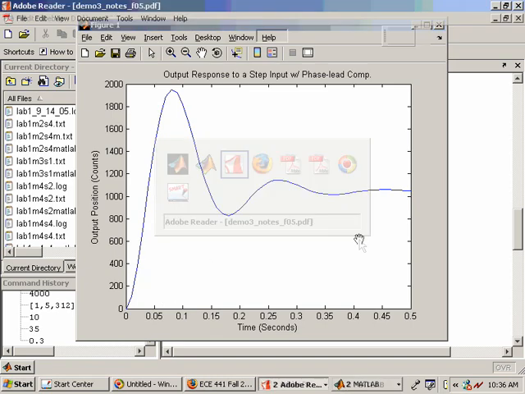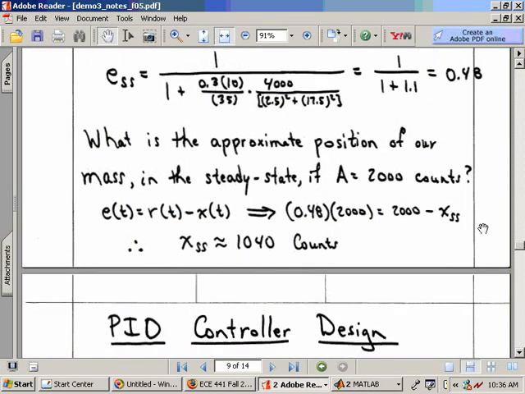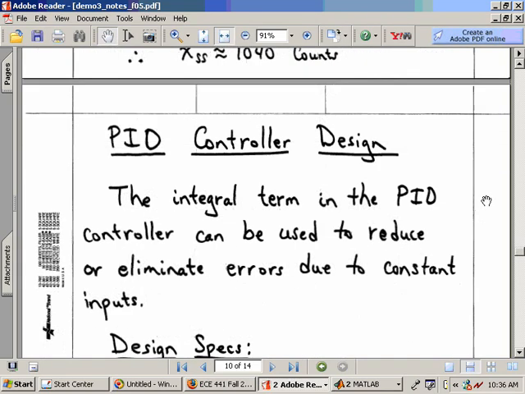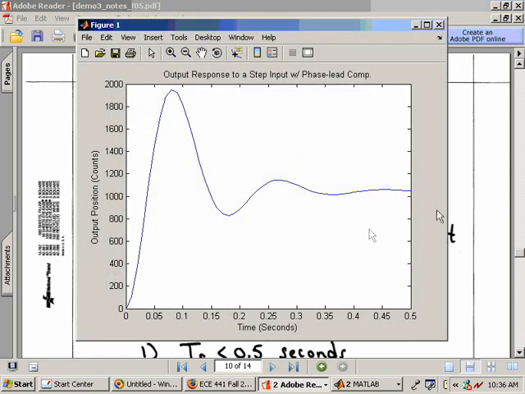Let's now return to the demo notes, and we're now ready to look at the second controller type, the PID controller type. The reason we're doing that is if we go back to MATLAB, we wanted to be reaching 2,000 counts, and we're only going maybe a little bit above 1,000 in this particular system.